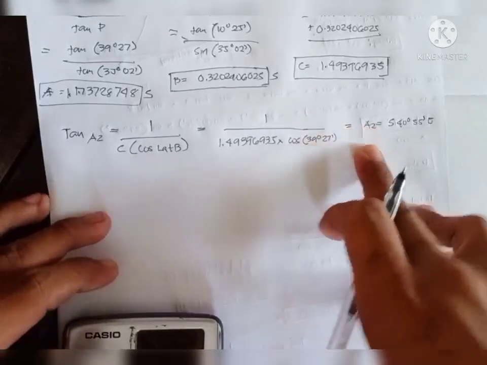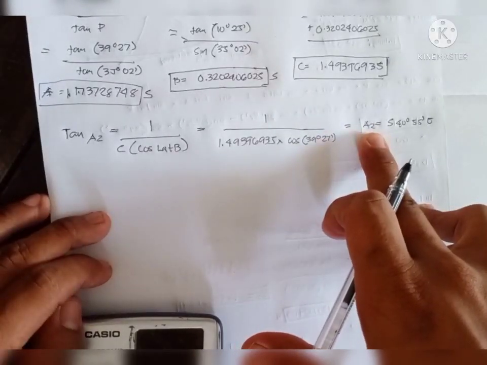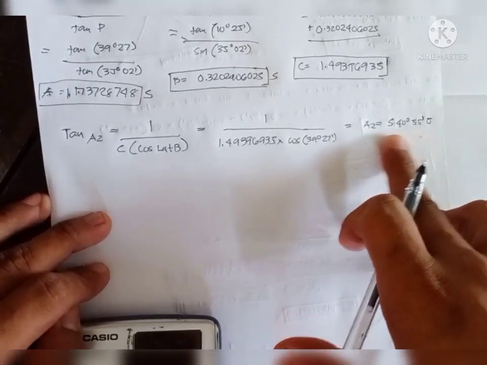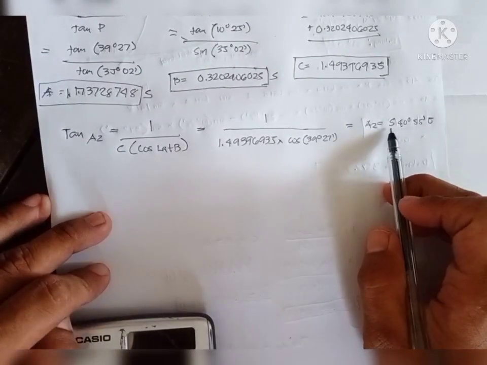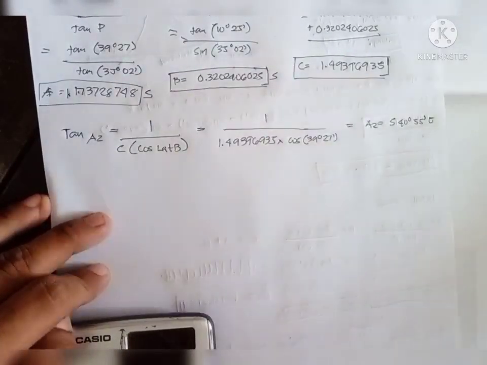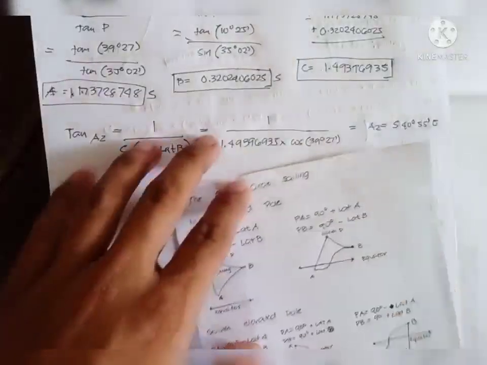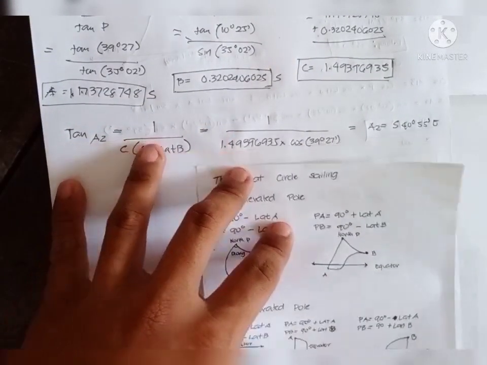Then we're going to subtract this from 180 since our direction is in the second quadrant, which is southeast.